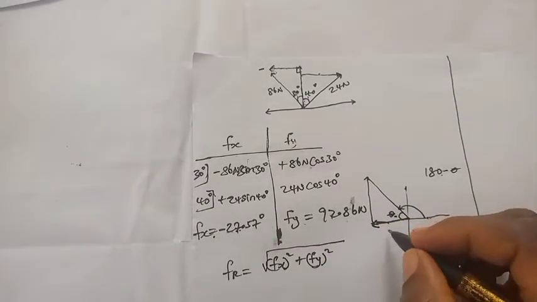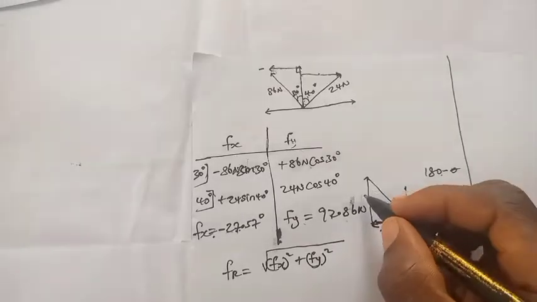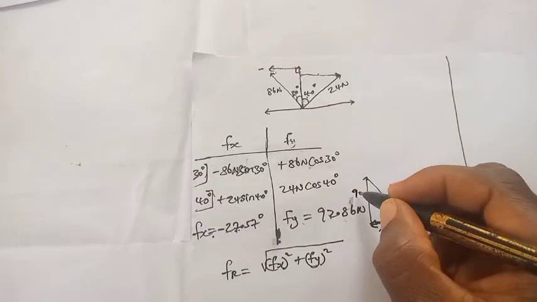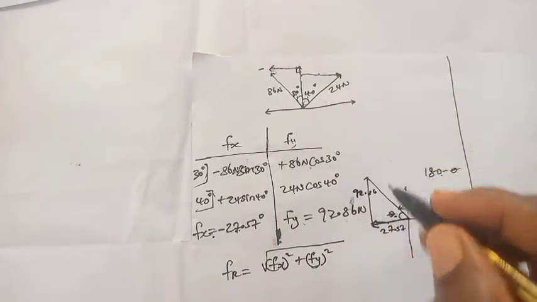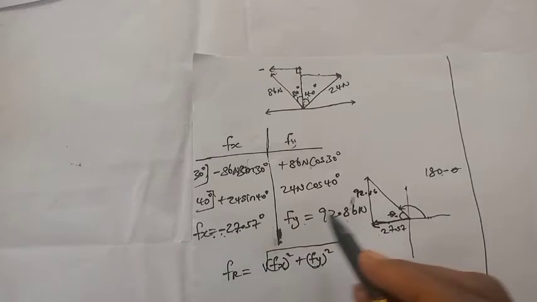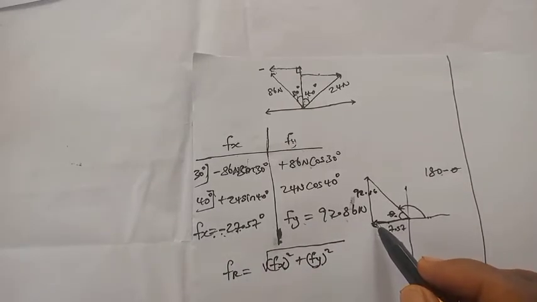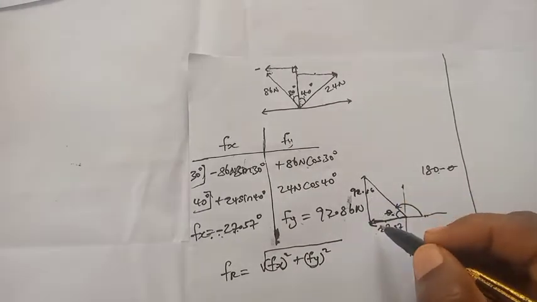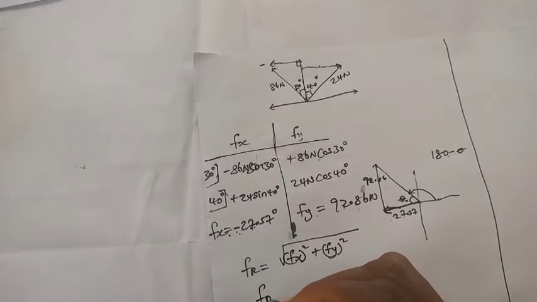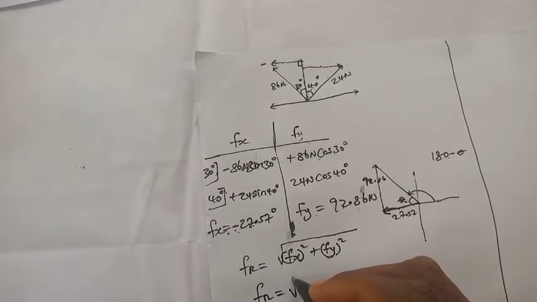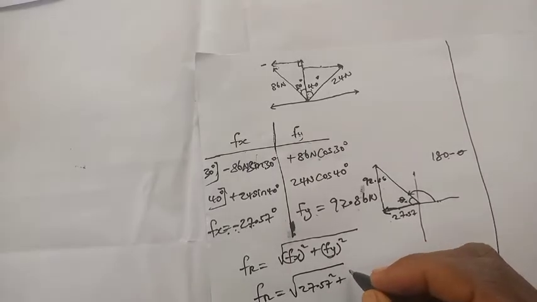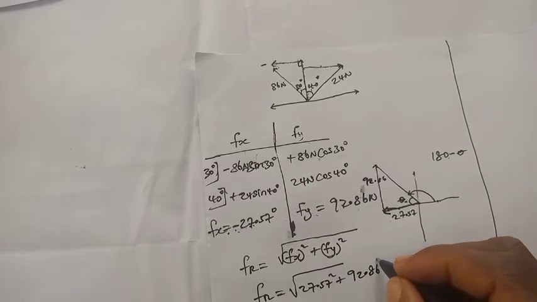So this is 27.57, and then this is 92.86. So forget about the negative sign, because this negative sign is just for us to know the direction of the force, you understand? So the resultant force is going to be 27.57 square plus 92.86 square.